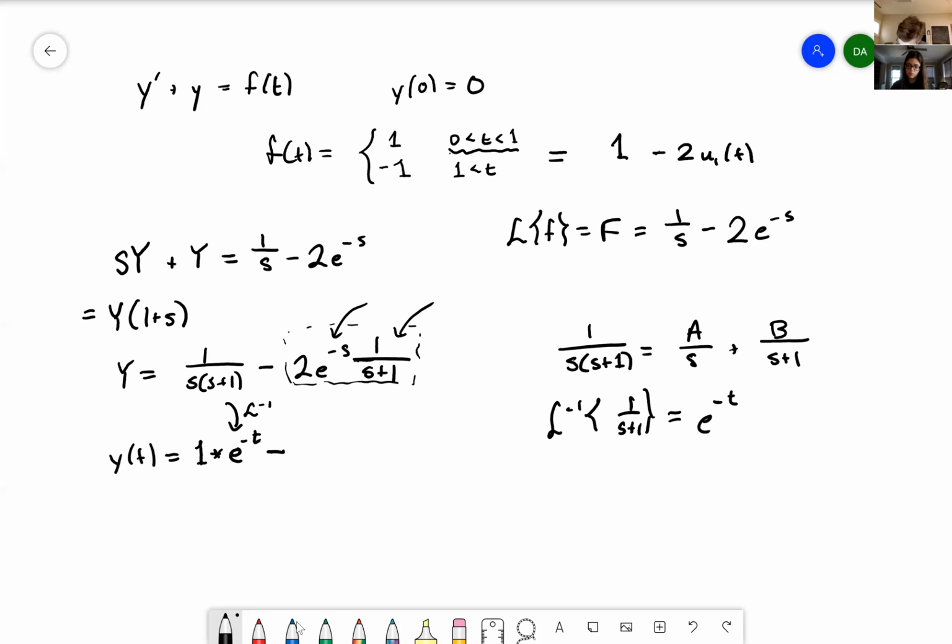Let's not do it as a convolution. Let's just do it in that order. So this is the inverse Laplace transform of 1 over s plus 1.